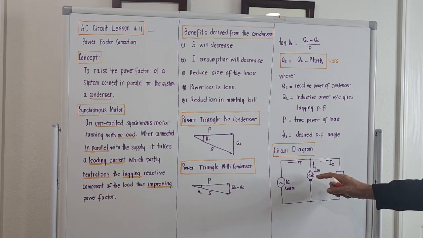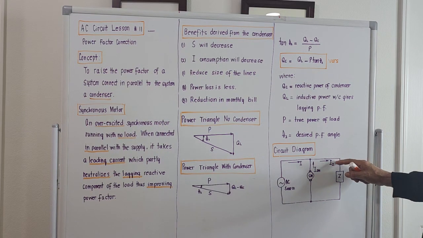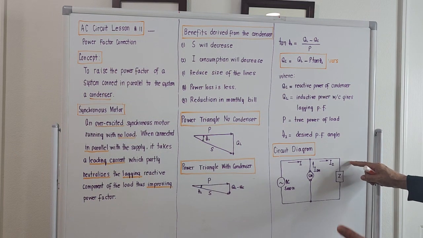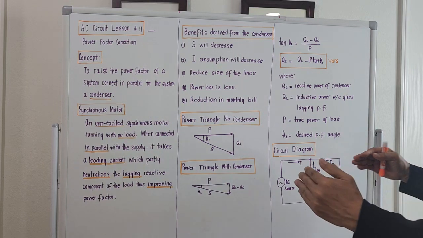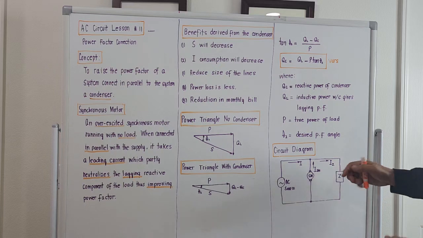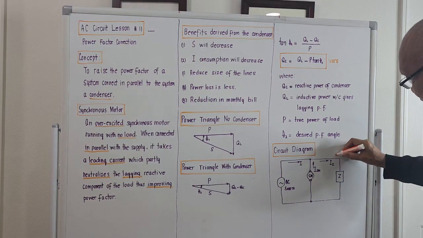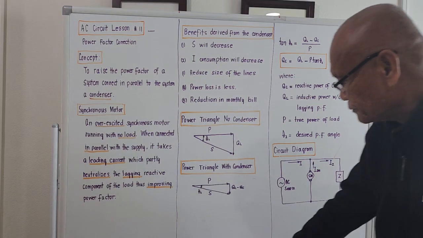This condenser produces a current which is different from the current drawn by the single equivalent load of our house or business enterprise. They act differently. They will try to fight each other and eliminate this bad current.